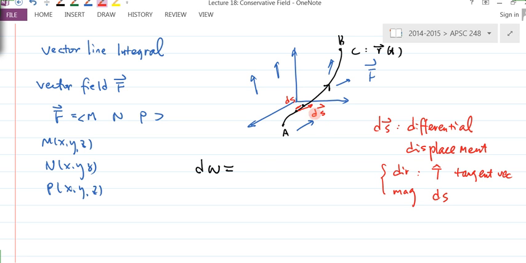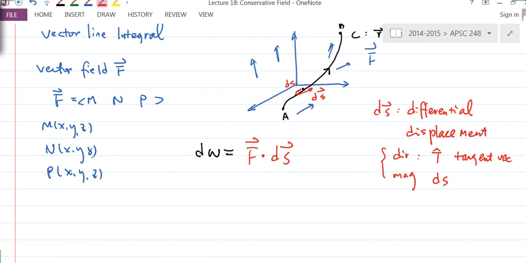So the amount of work this force field will do is F dot ds. That's the small, differential amount of work that this force field does to move from here to here.